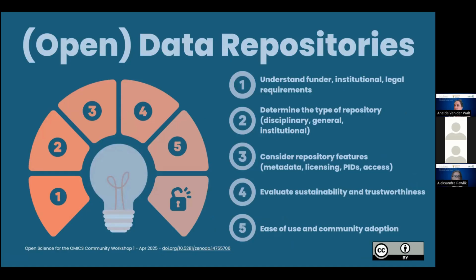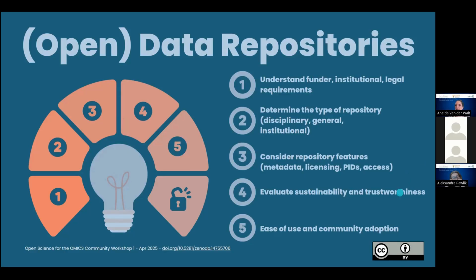Again, choosing your repositories where you share your data depends on your funder, your institution, and legal requirements. Also your discipline. So your discipline will dictate where you will share your data. And remember, in this case, we're talking specifically about the research data. We're not talking about other research outputs. So often that is highly dictated by the discipline.